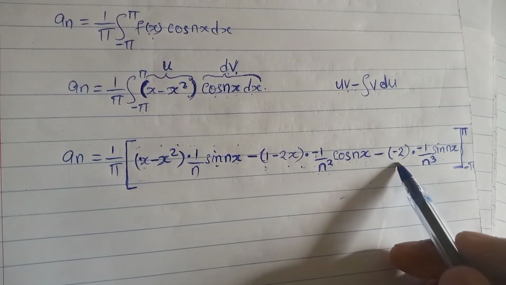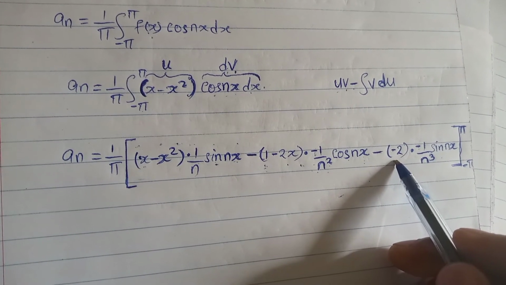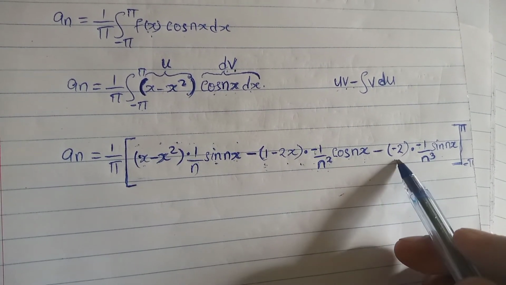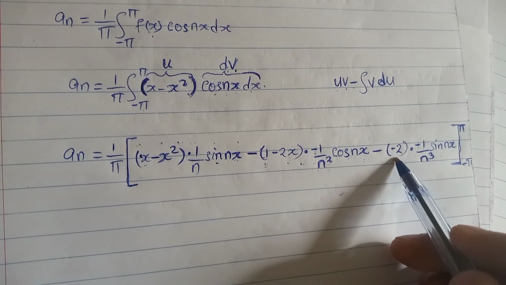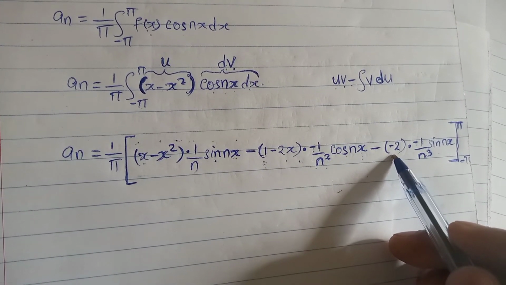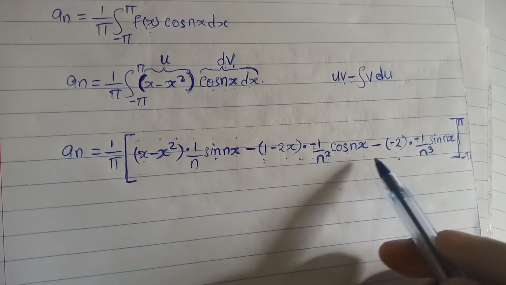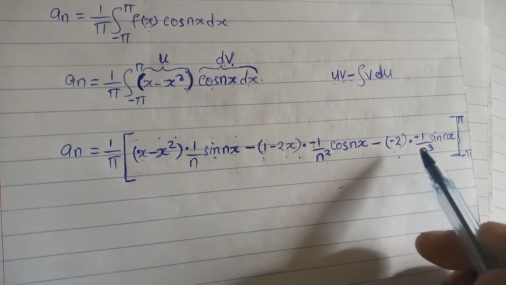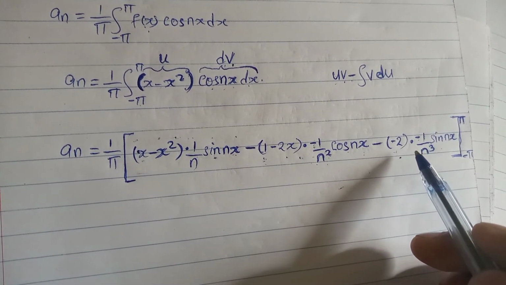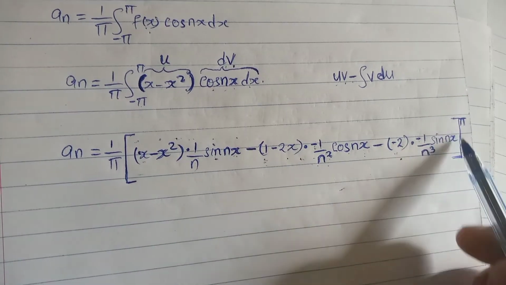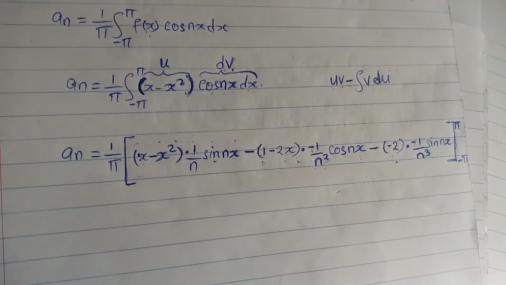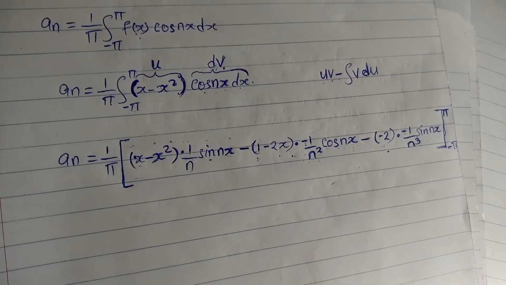Once you differentiate a constant with respect to x, you get 0. Therefore the differential value of negative 2 with respect to x will be 0, and 0 multiplied by any other value gives us 0. That's why our integration ends at that point.